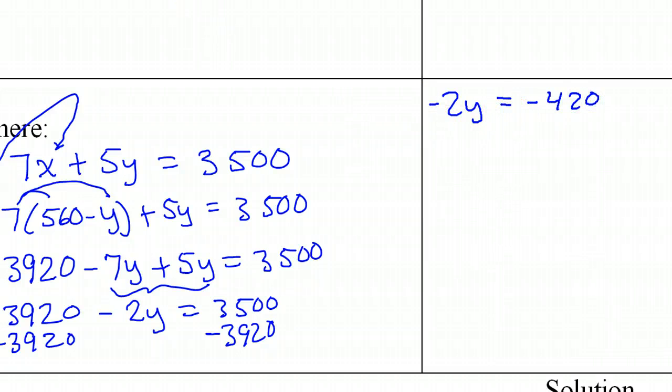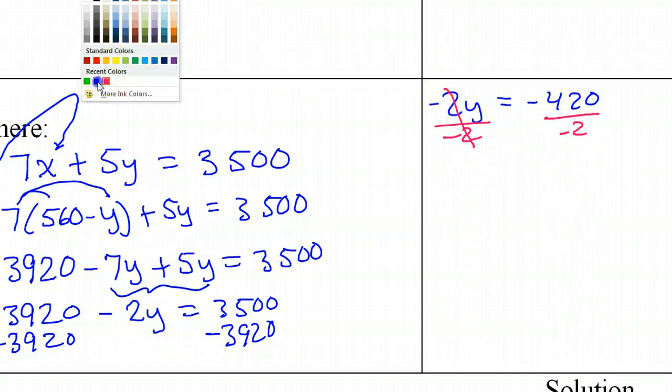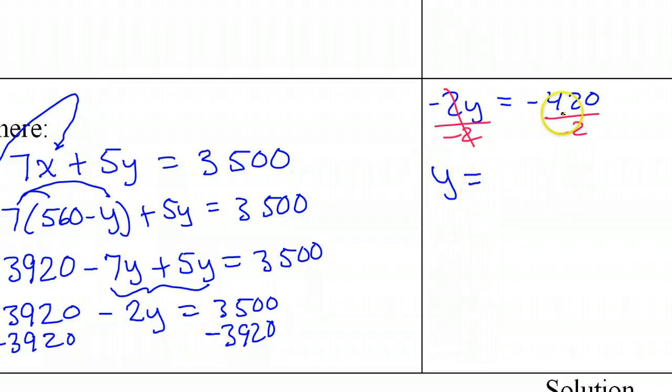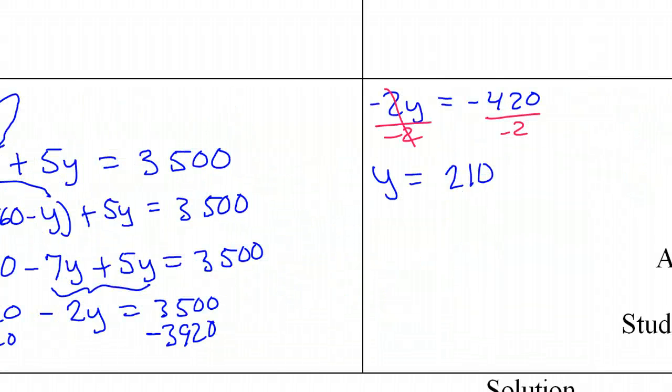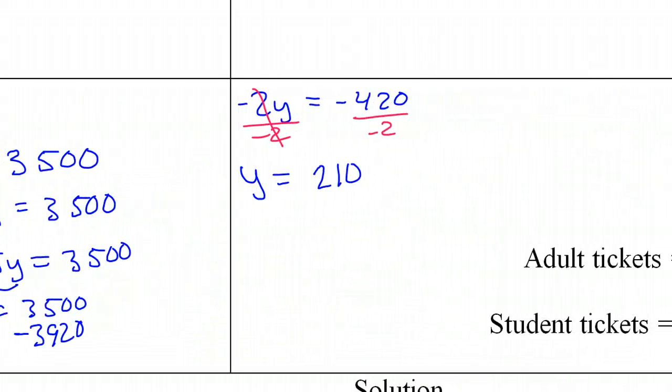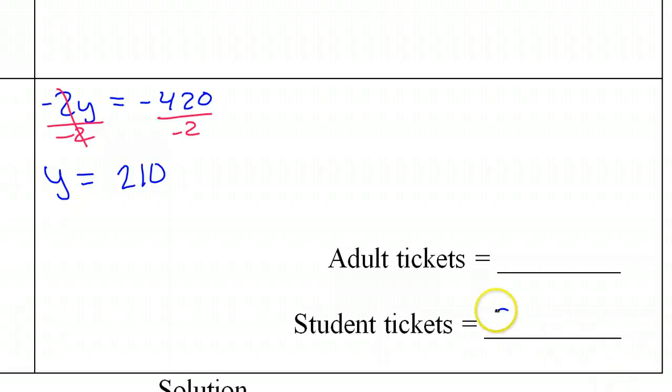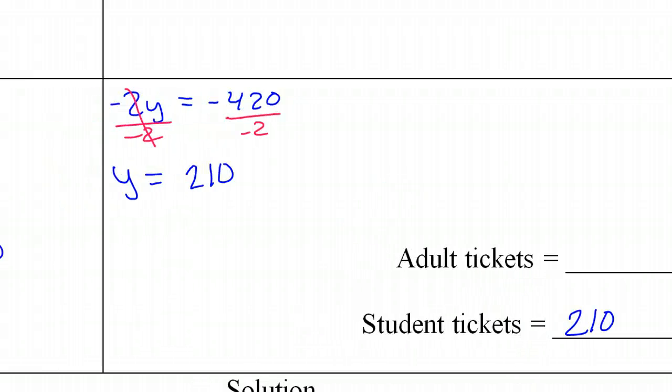Dividing by negative 2 on both sides, that's going to give me y is equal to positive 210. All right, so 210 student tickets, because I'm pretty sure that's what Y was, student tickets.